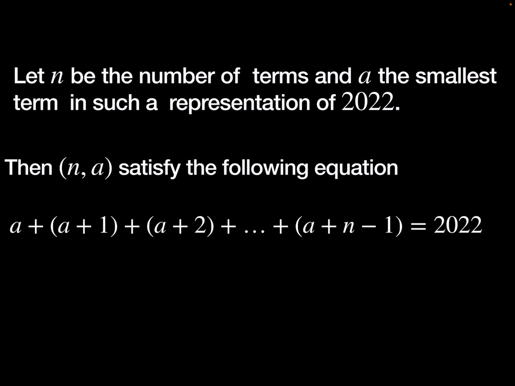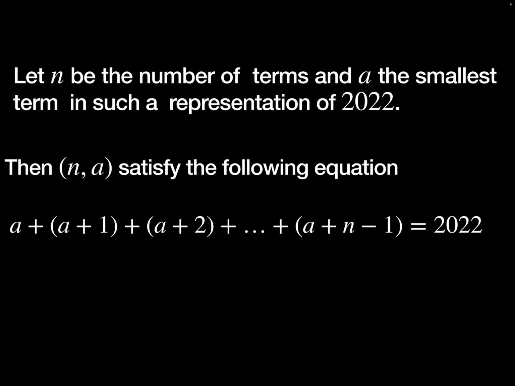Let me remind you that n and a are positive integers and n is greater than or equal to 2 because n is the counting number. It counts how many numbers we're adding. And a is the smallest number among all our consecutive numbers.